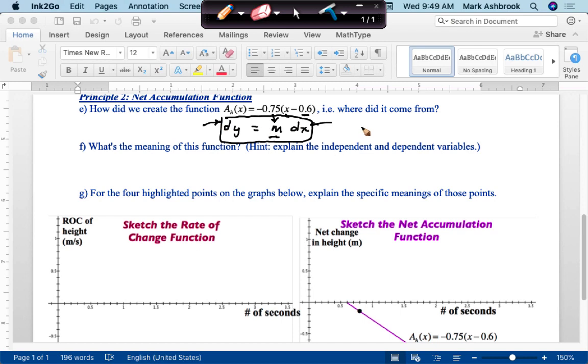So given that half a second went by, or 2 seconds went by, or 4 seconds went by, the constant rate then immediately tells us what that corresponding change in height was. Okay? So that's where we get this net accumulation function, the accumulation of height of the flag starting from 0.6 seconds.